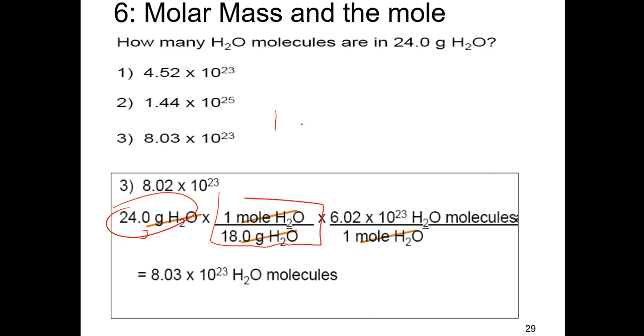So that means you have to calculate the molar mass of water, and you should on your own be able to calculate out 1 mole of H2O equals 18.0 grams of H2O. And you should already have memorized that 1 mole of any substance is always going to be the number 6.02 times 10 to the 23rd. So grams goes on bottom because it cross cancels.